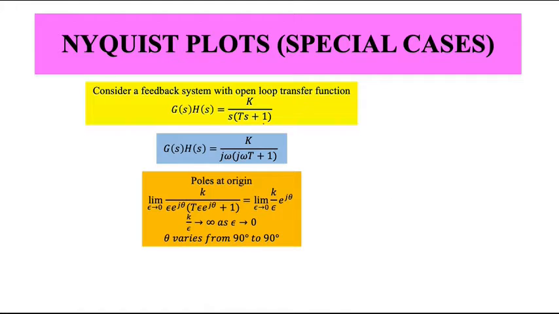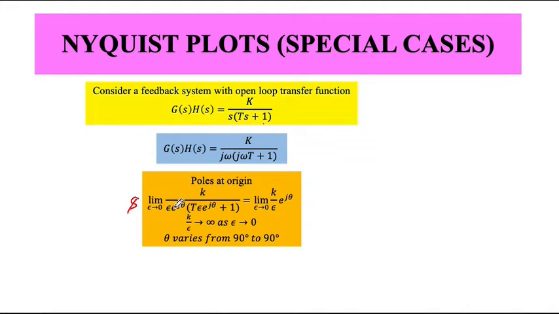The standard approach from our earlier classes will not work because there is a singularity when I substitute s equals 0. So I take a little limit, as epsilon approaches 0.